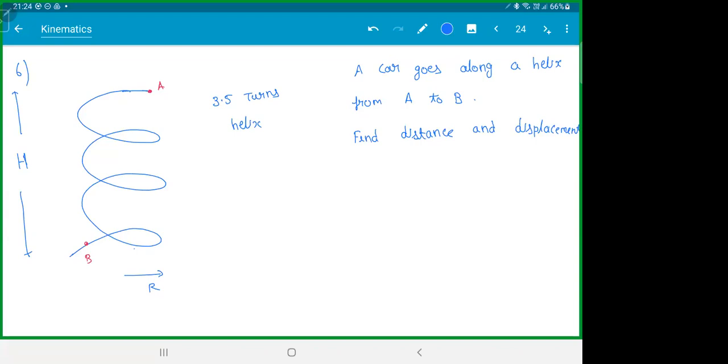Let's see. Siddharth, answers? Anuj, answers? Let's see.